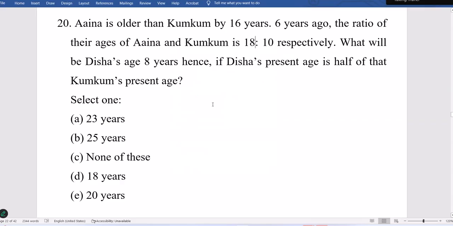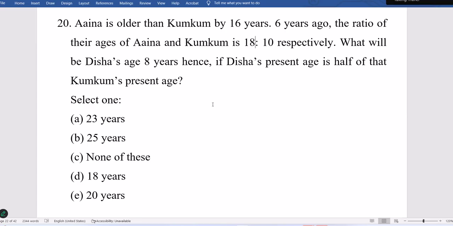Ages-related question, have a look into this. Ages related, linked with the ratios concept as well.